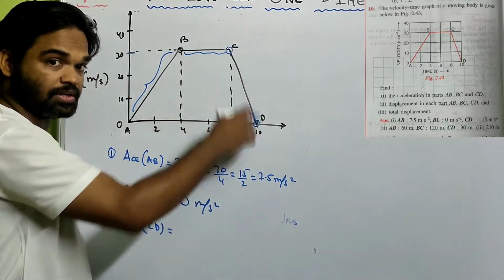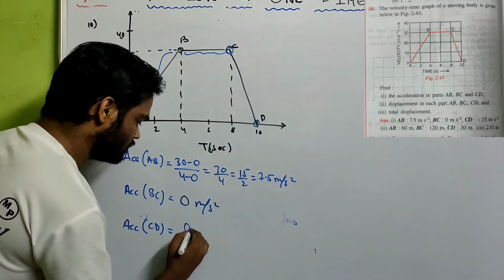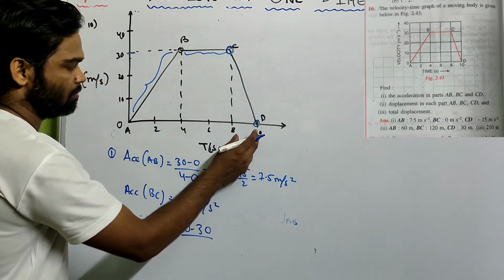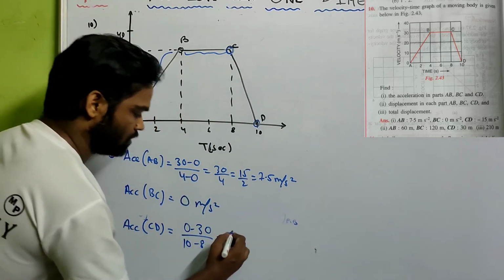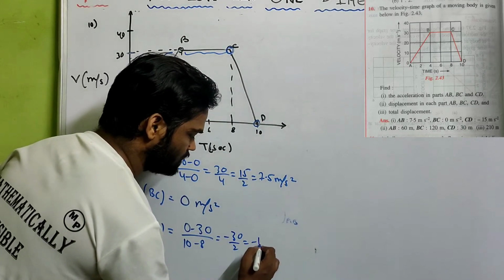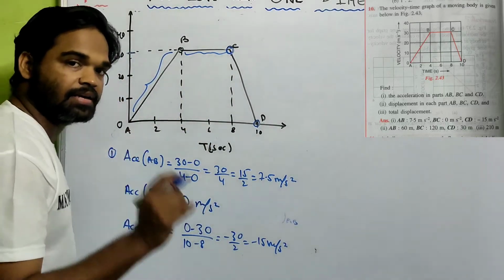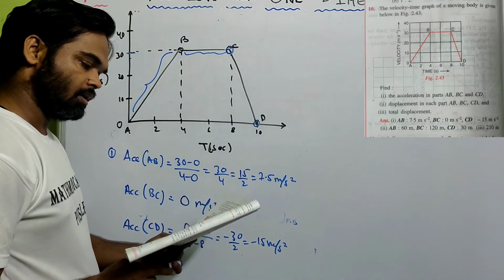The velocity is decreasing, it is retardation. Initial velocity is 30. So 0 minus 30 by 10 minus 8. That's minus 30 by 2. That's minus 15 meter per second square. The negative sign indicates retardation. Am I clear?